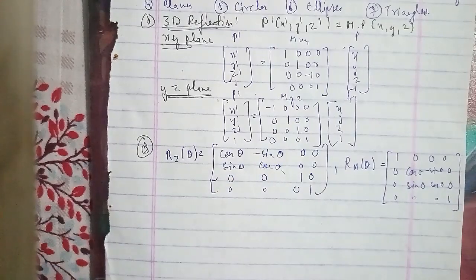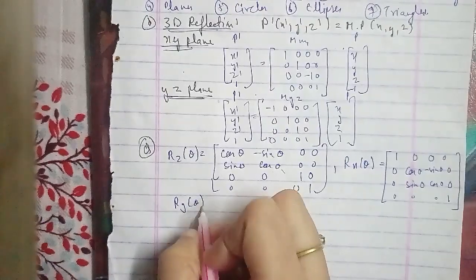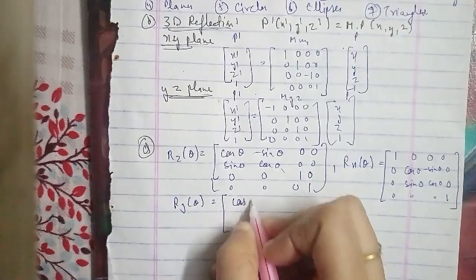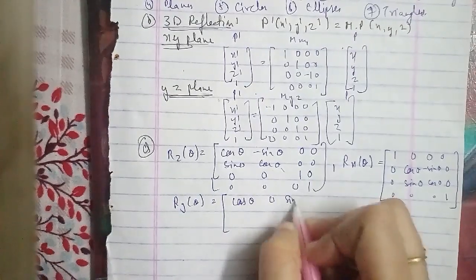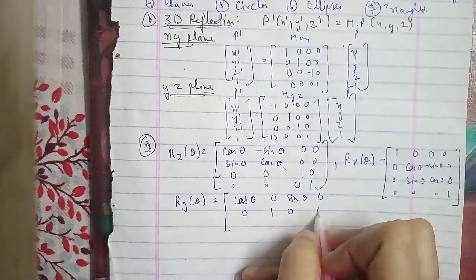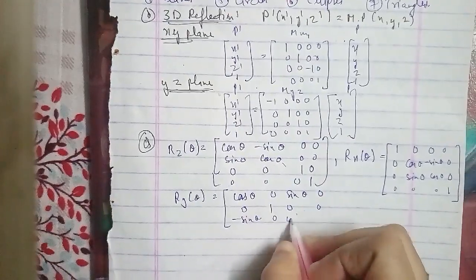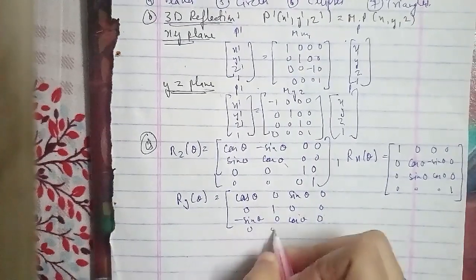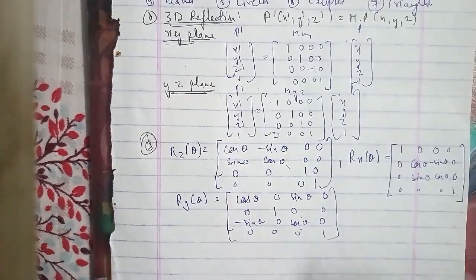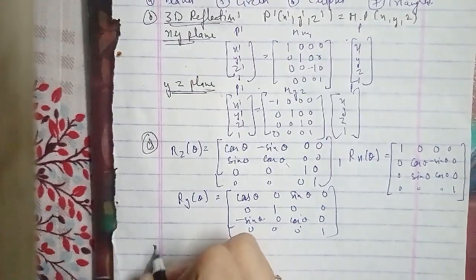Okay, Rz we had done, Rx we had done, and Ry(theta) is equal to [cos theta, 0, sin theta, 0; 0 1 0 0; -sin theta, 0, cos theta, 0; 0 0 0 1]. So now we'll go ahead to describe the other question, which is to describe the local scaling.